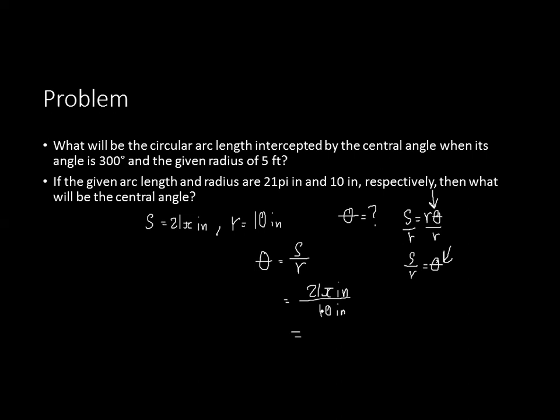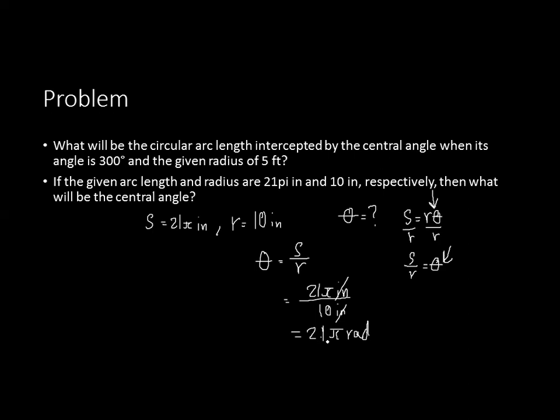So if you're going to get the answer here, you will have 21 pi radians, all right? Not inches, radians. Because here, the inches are cancelled because there's a unit of inch on the top and below. So they can be cancelled, all right?